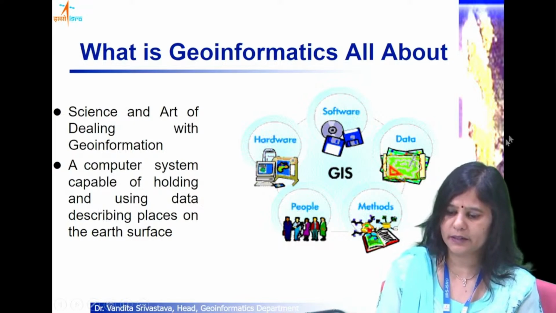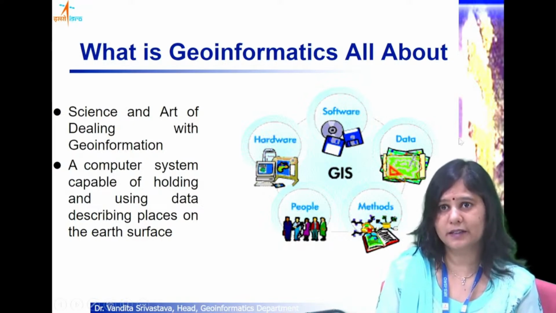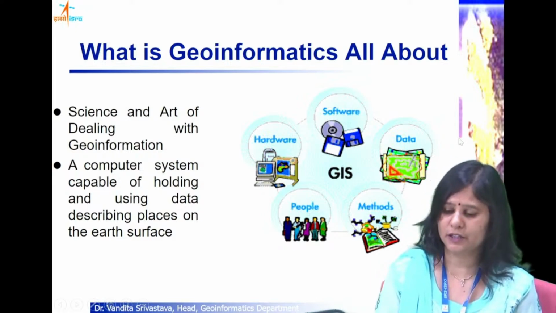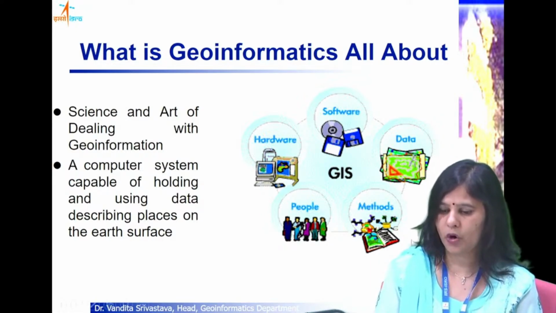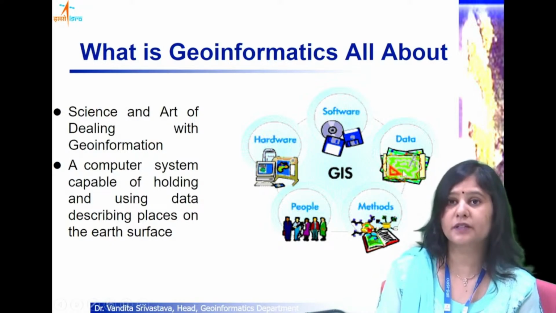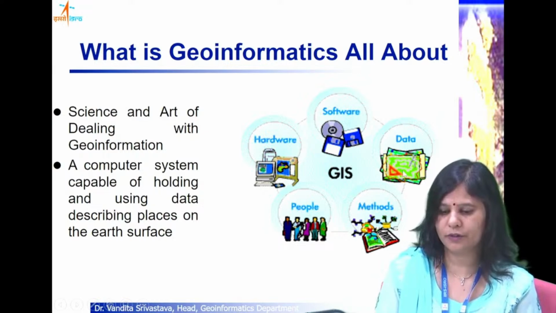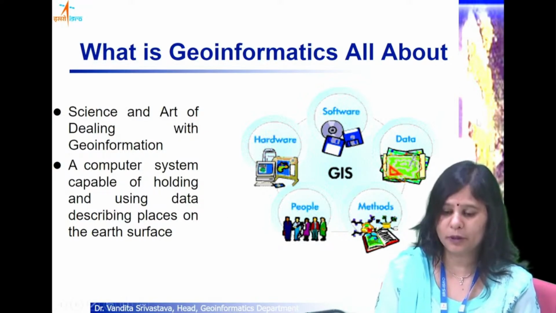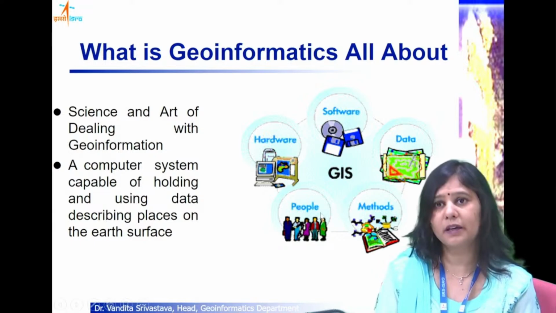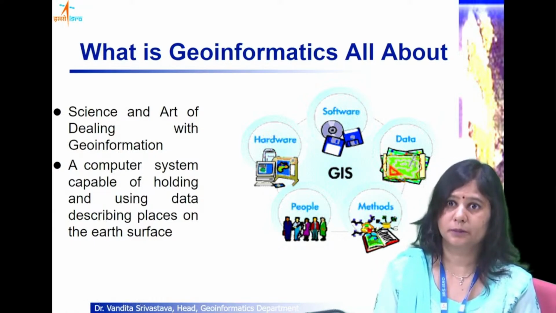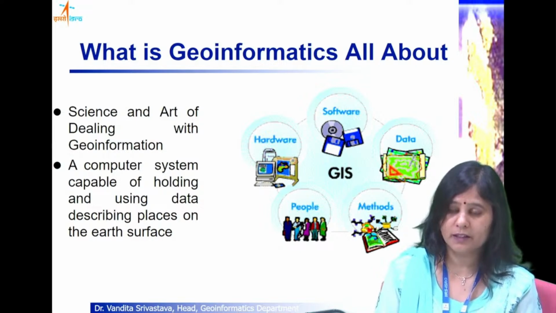And then we have the data, that is the geographic data, represented accurately, properly in the GIS format in the particular software in which we are working. Or maybe we can do imports and exports, but we require the data that pertains to that particular geographic phenomena under study. Then we require people who will be doing all this. They can be GIS users, the end users, or they can be the developers, beginners, learners.